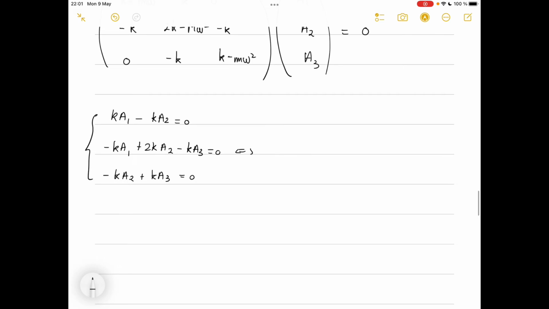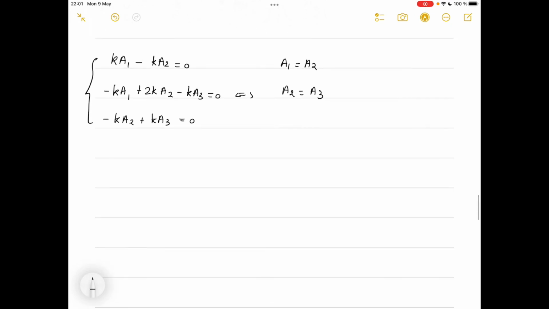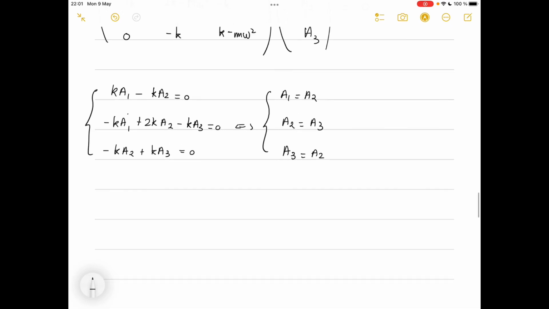So we see that A1 is equal to A2, and from this equation A2 equals A3, because we just replaced that by A2, so A1 becomes A2, and in this bottom part we also get that A3 equals A2. So the corresponding eigenvector that we get is just 1, 1, 1.